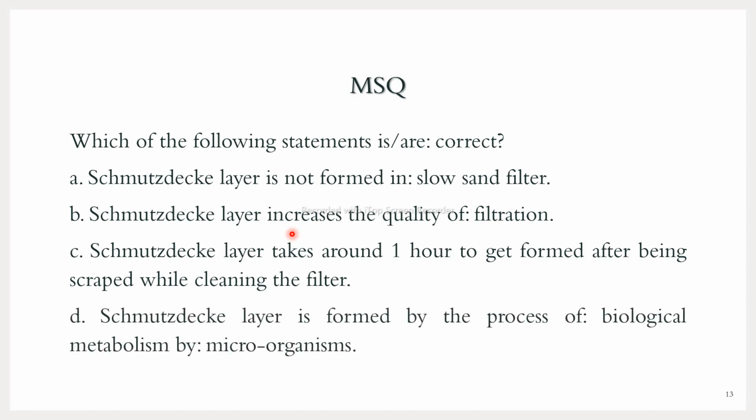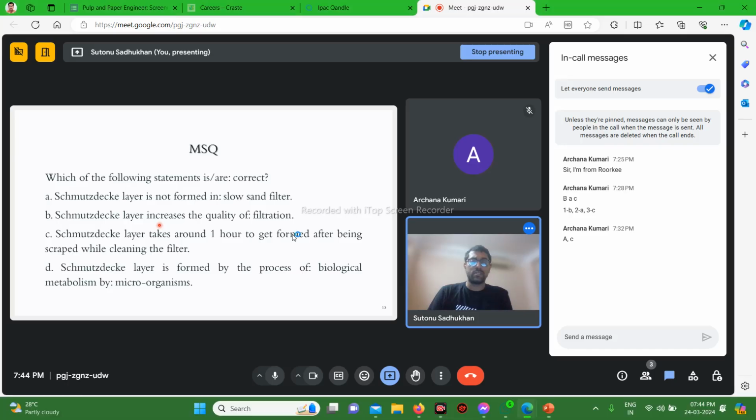And option D, smooth deck layer is formed by the process of biological metabolism by microorganisms. So you have to choose the correct statements. If you have understood what the smooth deck layer is, then you should be able to answer.